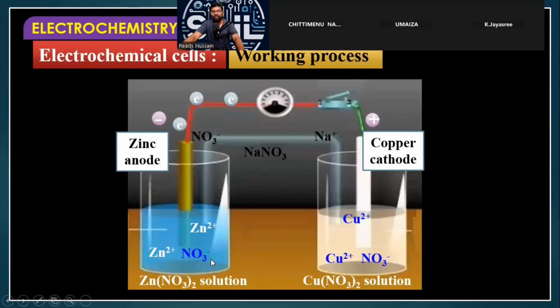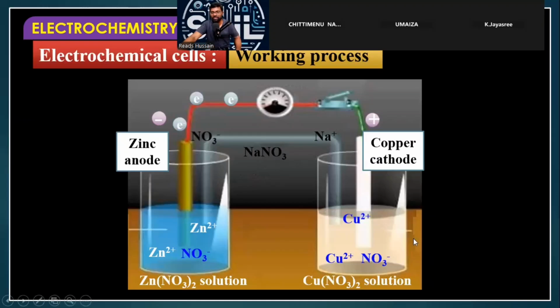When you use a zinc salt solution and copper salt solution, the voltage in the voltmeter will be 1.1 volts. What is the voltage? 1.1 volts, 1.10 we can say. That is the voltage produced in the galvanic cell of zinc sulfate and copper sulfate, or zinc nitrate and copper nitrate solution.